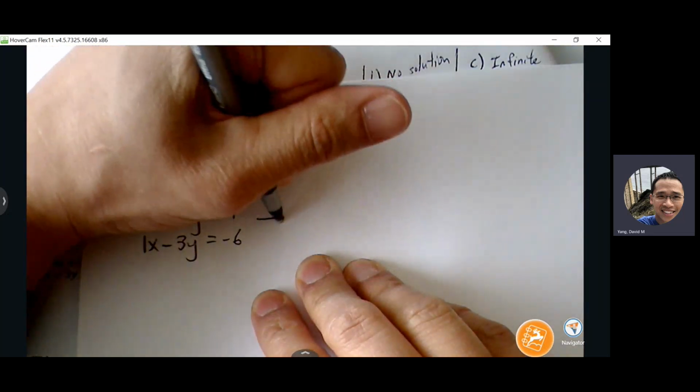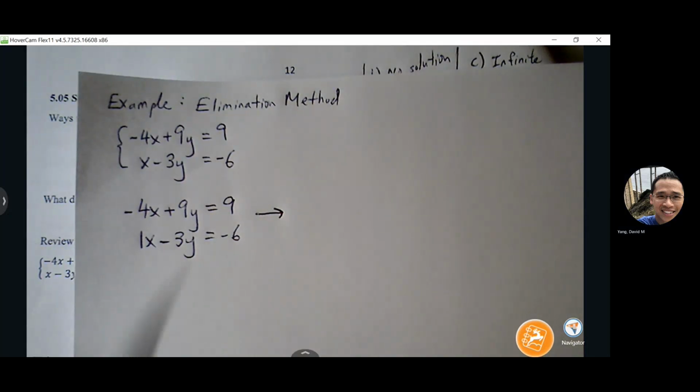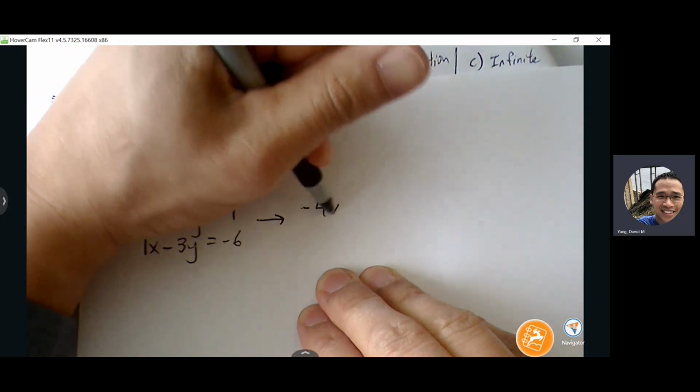I'm just going to target the x. So I'm not going to change the first equation.